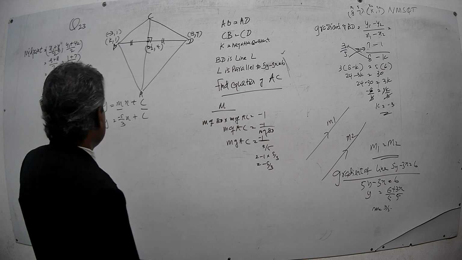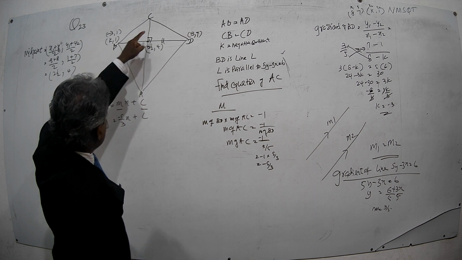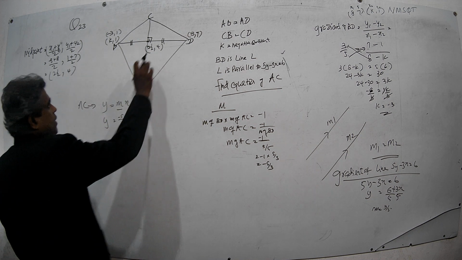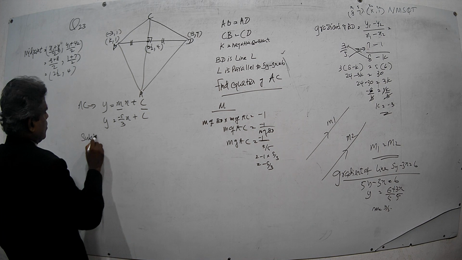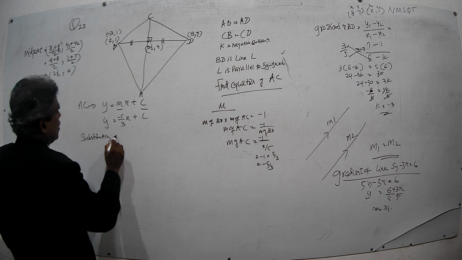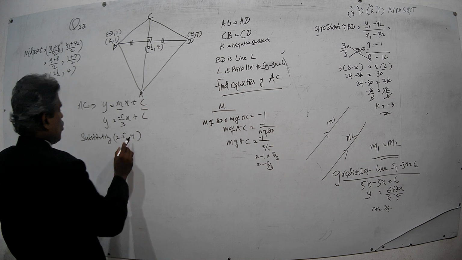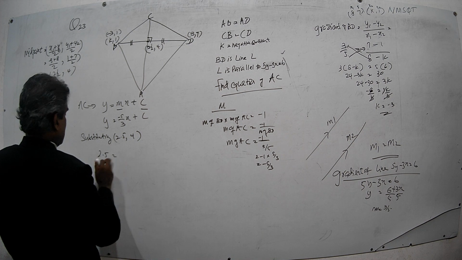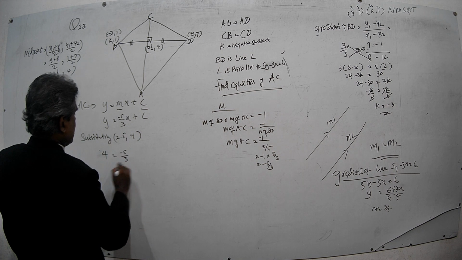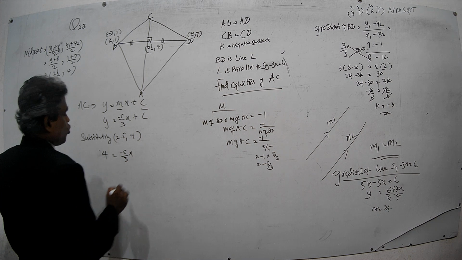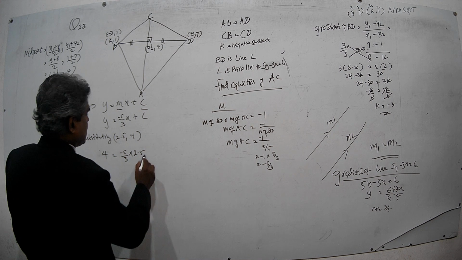Now we know the coordinates of one point through which A passes. We can apply that pair of coordinates to find c. Substituting 2.5 and 4, the y coordinate 4 equals minus 5 over 3 times the x coordinate 2.5, plus c.